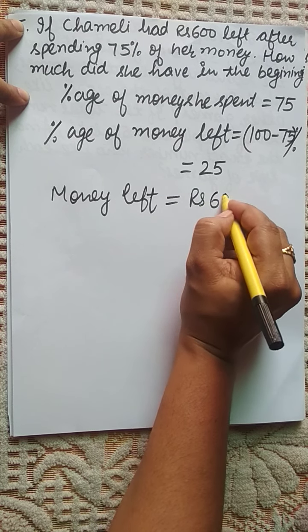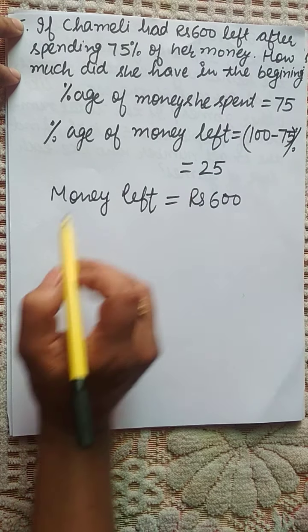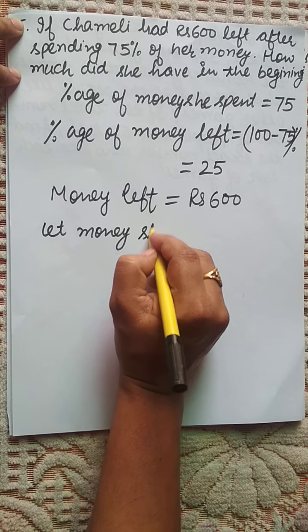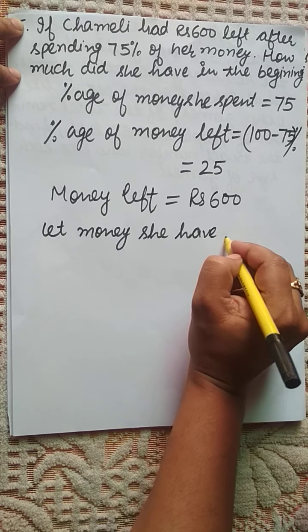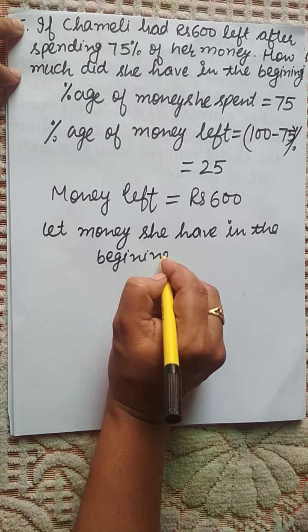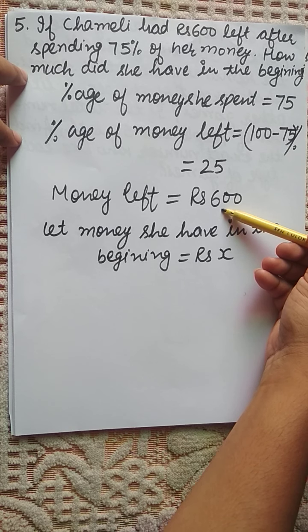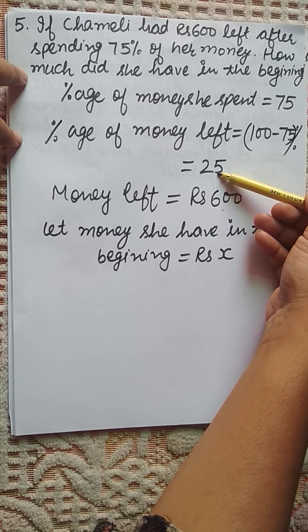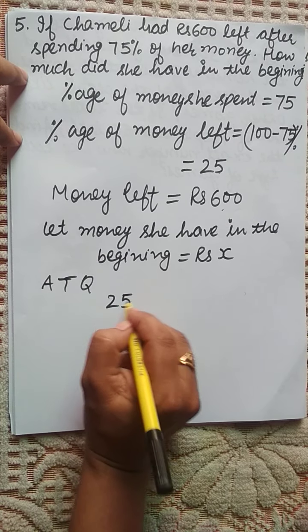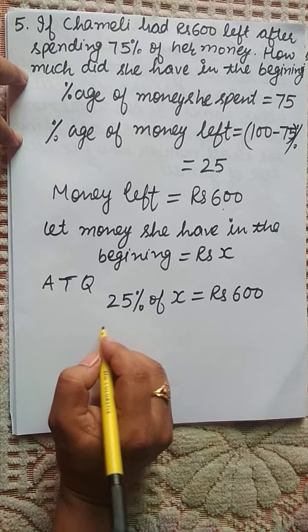And the money left is equal to rupees 600. Now we want to find out the money she was having in the beginning. So I'll write, let money she have in the beginning, I'll take it as rupees X. Now left money is rupees 600. Percentage of the left money is 25%. So I can write here according to question 25% of X is equal to rupees 600. Now do the simplifications.